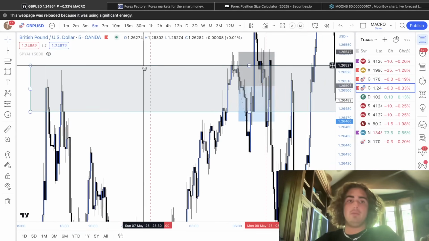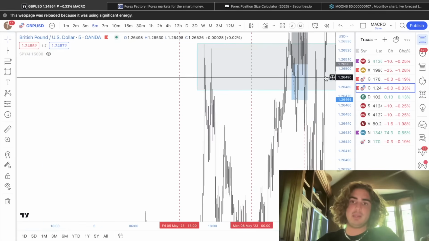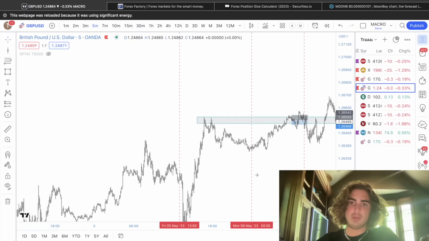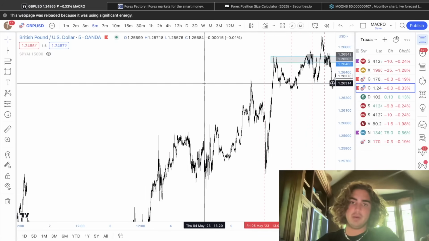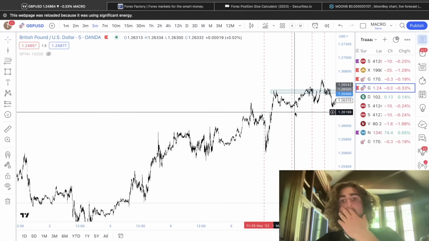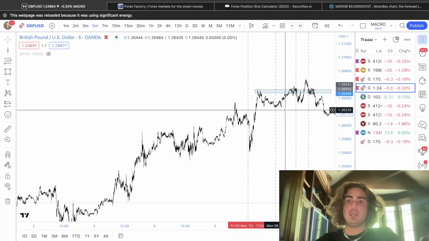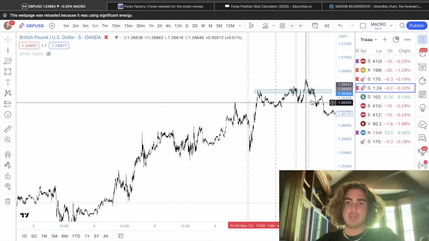But again, we push into these highs, we break structure to the downside. And if we look at where market is going, if we just zoom out, it's going up. So ideally, you would want to be looking for longs, not shorts, within this market condition.